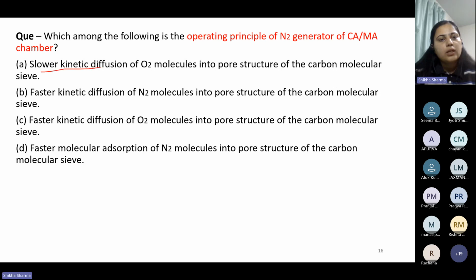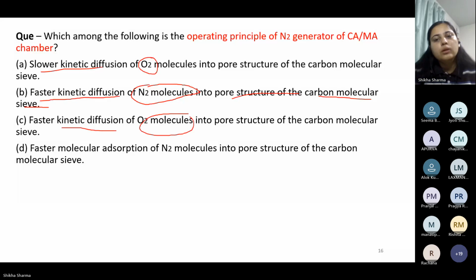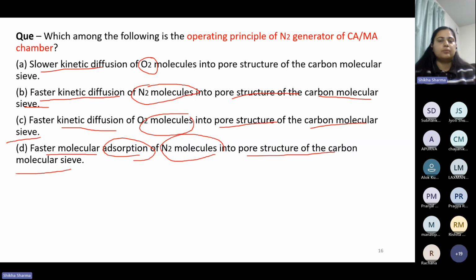Then faster kinetic diffusion of nitrogen molecule in the pore structure of the carbon molecular sieve. Third is faster kinetic diffusion of oxygen molecule into the pore structure of the carbon molecular sieve. And option D is faster molecular adsorption, here it's adsorption, not diffusion, of N2 molecules in the pore structure of carbon molecular sieve.